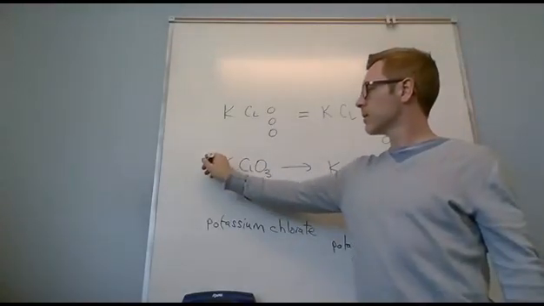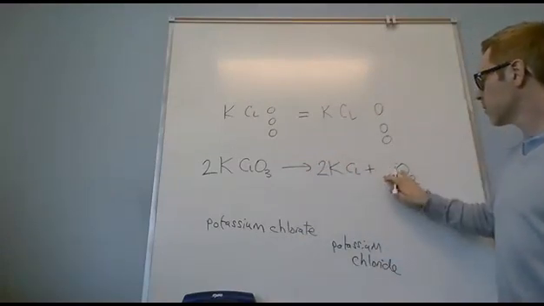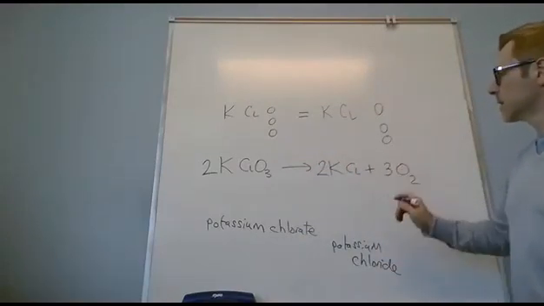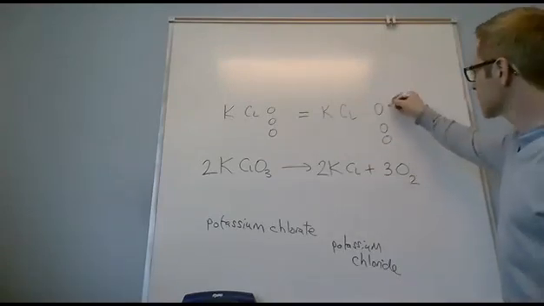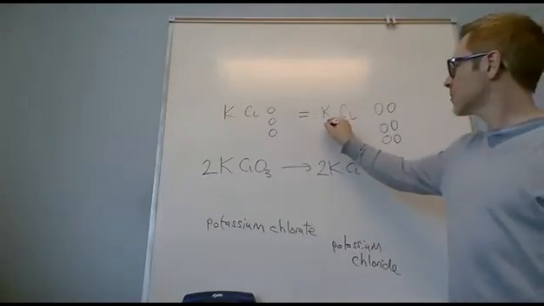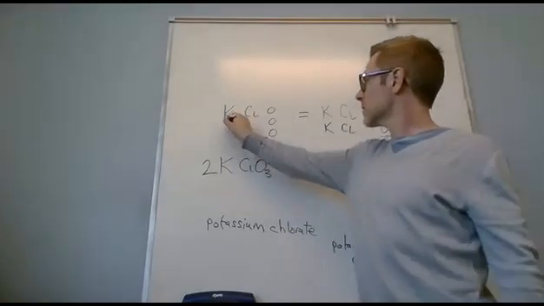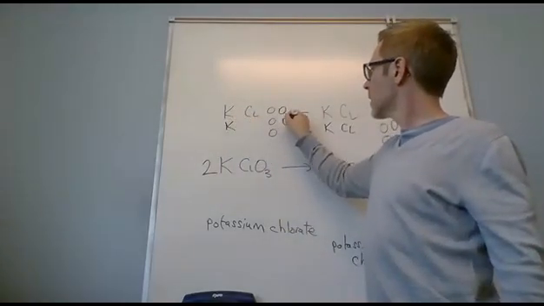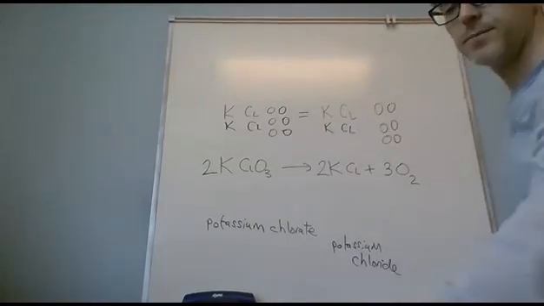So this 1 becomes a 2, this 1 becomes a 2, and this 1.5 becomes a 3. It's still balanced. So now I have 6 oxygens, 3 multiplied by 2. I have 2 potassium and 2 Cl on each side. So we're still balanced, but stylistically it looks a bit better.